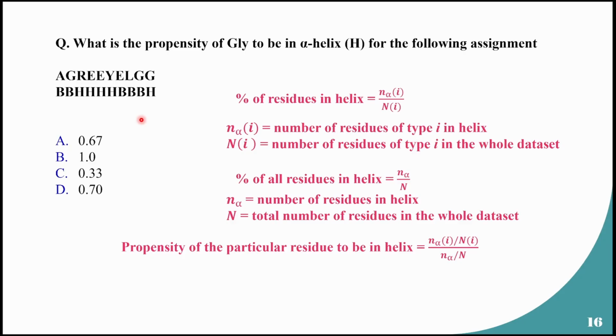So first, try to calculate for all of the glycines that are present in the data set, and then for all of the amino acids as a whole that are present in the data set.